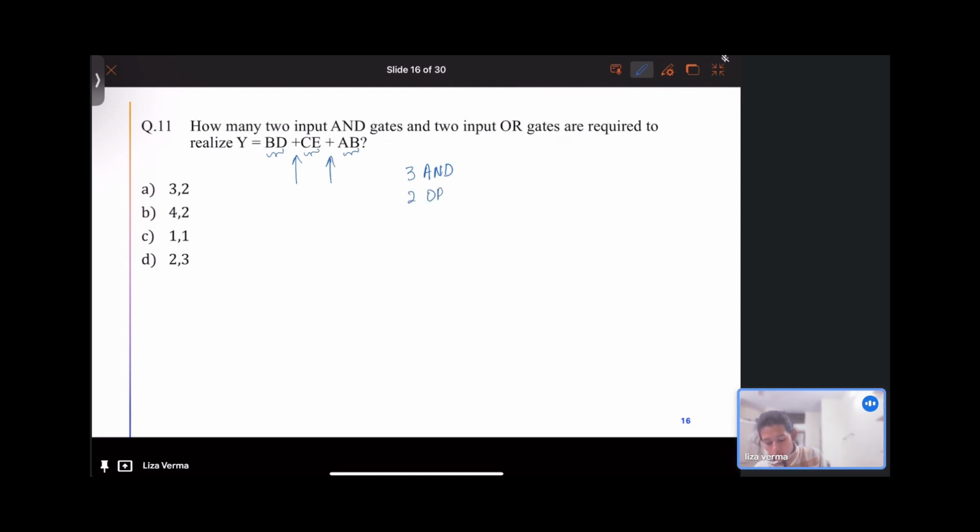So the number of AND and OR gates will be 3 and 2. A is the correct answer. Right?